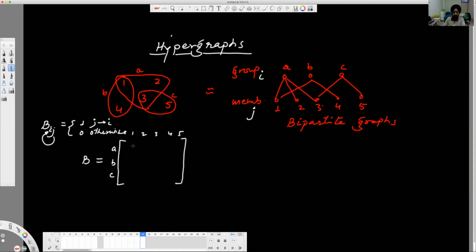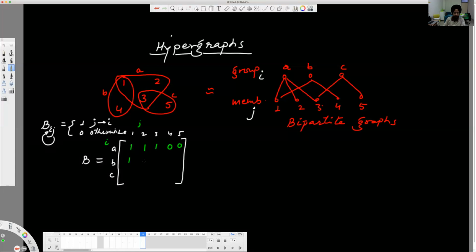Now let's fill this up. So this is your J, right? This is your I. Whether member 1, node ID 1, belongs to group A, yes. 2 belongs to group A, yes. 3 belongs to group A, yes. 4, no. 5, no. 1 belongs to group B, yes.